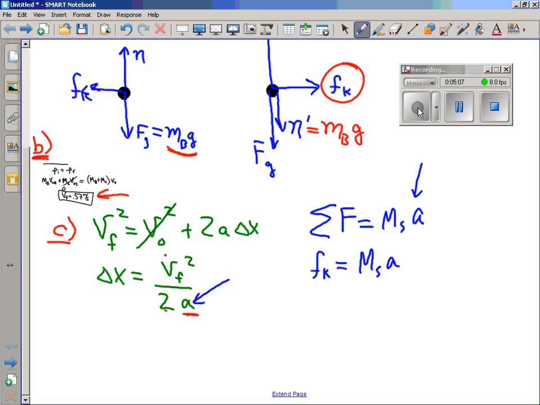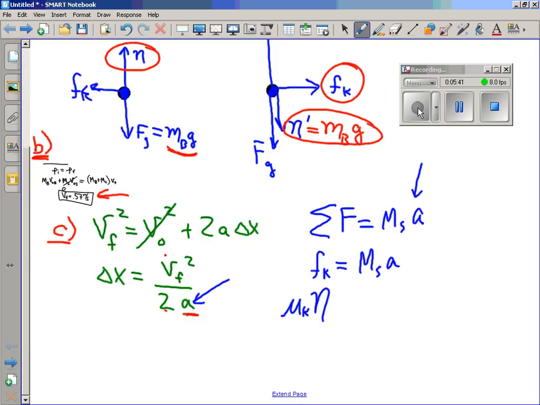Well, what does the force of kinetic friction equal? It equals mu sub k times the normal force. Well, which normal force are we talking about here? We're talking about the normal force that's part of the interface between the block over here and the slab over here. And that particular normal force is the one that's here, and that's the same Newton's third law normal force to this one down here.